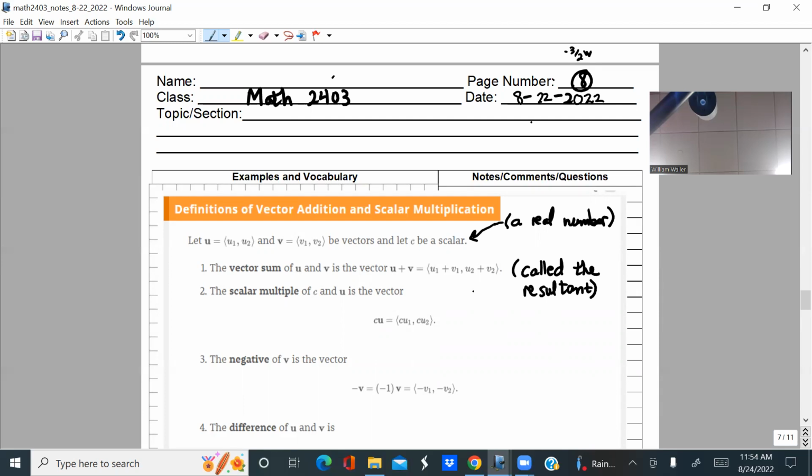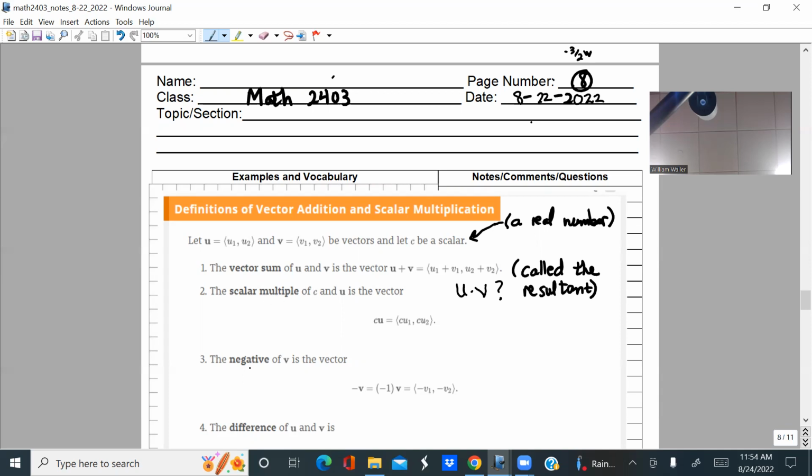Because you may also ask yourself, here I'm taking a number and multiplying it times a vector, but what if I want to take a vector and multiply it times a vector? What would that mean? That's a little bit different operation. Well, we're not going to get to that quite yet. So we're just going to start with this very simple scalar multiplication.